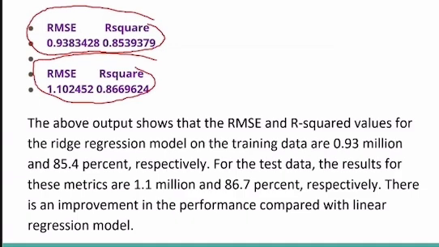If you compare the root mean square error here, for both training and test, with the OLS, it is smaller. And when you compare the adjusted R squared, it's higher.